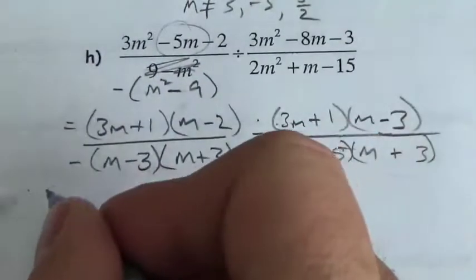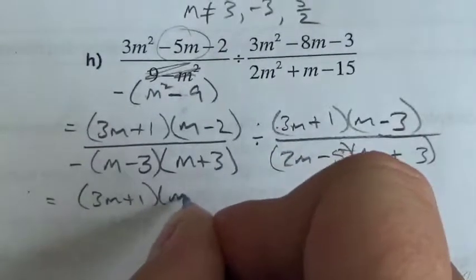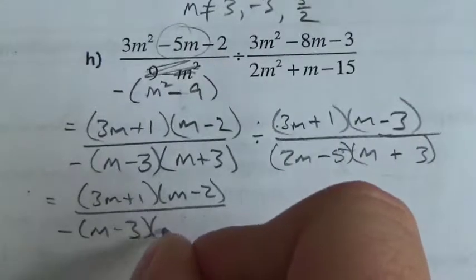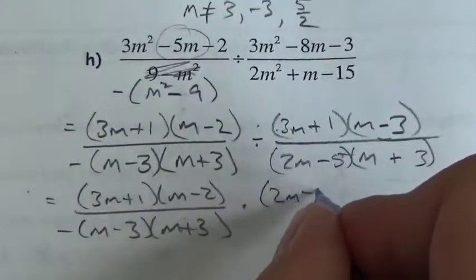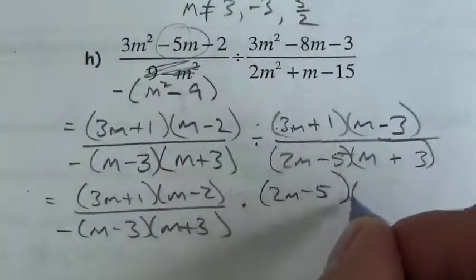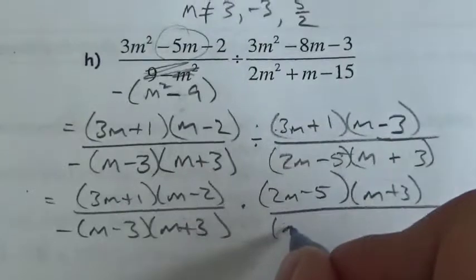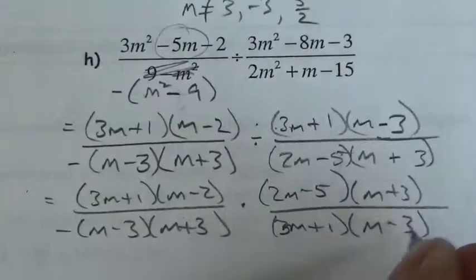Now, I am going to convert this into the equivalent multiplication statement. So this will become 2m minus 5, m minus 3, sorry, m plus 3, over 3m plus 1, m minus 3.